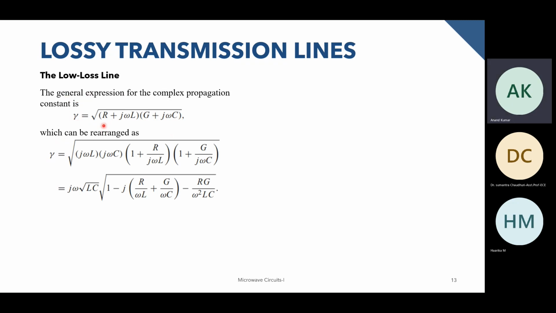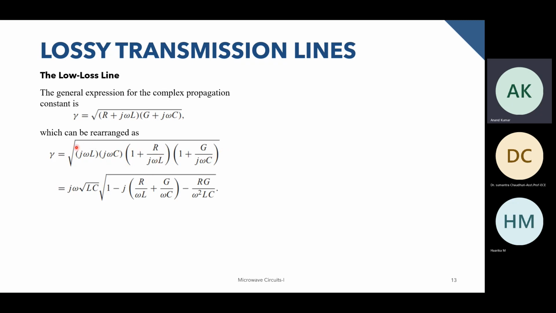This is the general expression for the complex propagation constant. Gamma is written in terms of R, L, G, and C. Again, we can rearrange this by taking out j omega L and j omega C so that we have this particular term separated.